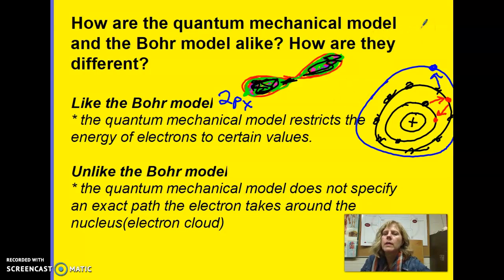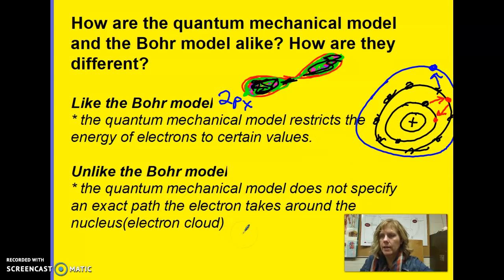And the quantum mechanical model has different shapes of orbitals and sublevels and so forth. They are the same in that the quantum mechanical model restricts the energy of electrons to certain values and certain areas. So there are lower and higher energy levels, if you will.